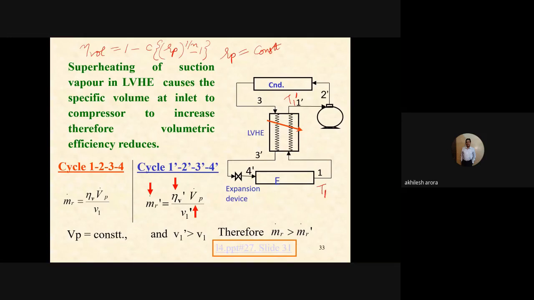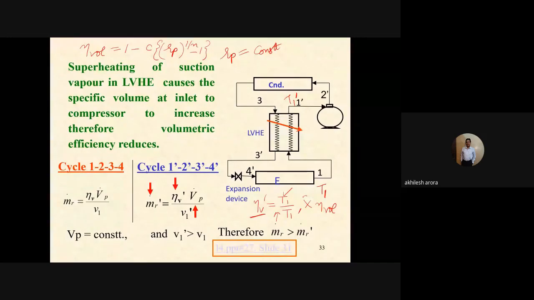So basically now the volumetric efficiency dash will be equal to T1 divided by T1 dash times the volumetric efficiency for the previous case. So this value is lower and this value of T1 dash is higher. So what will happen to the volumetric efficiency dash? It will reduce.